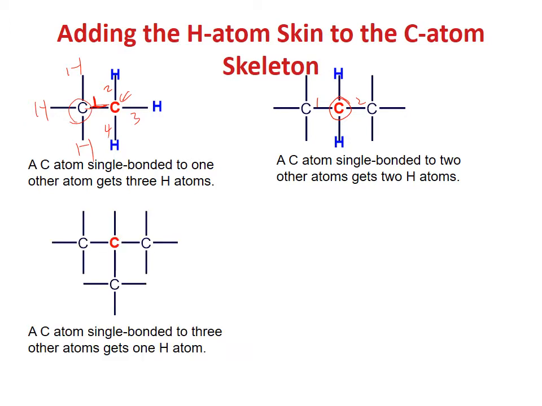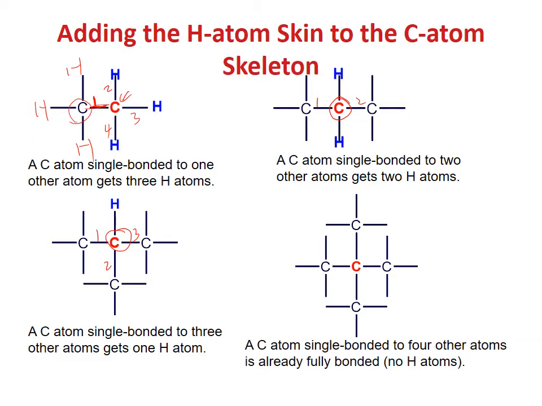In this skeleton structure, the center carbon is connected to 3 carbons, 1, 2, 3, and 1 hydrogen is needed. In this structure, the center carbon is already connected to 4 carbons, so it's already fully bonded. No hydrogen atoms are needed.